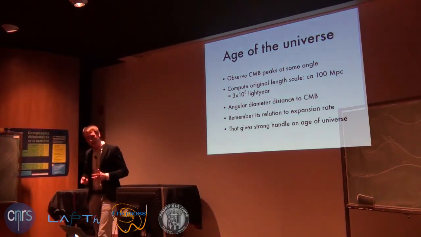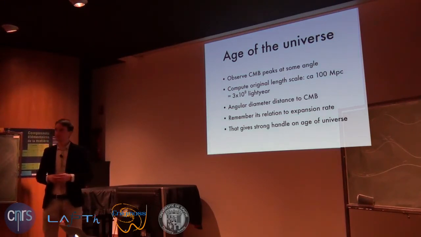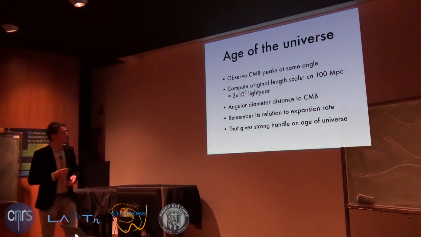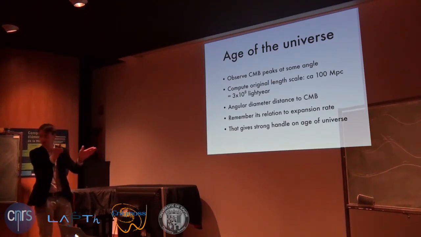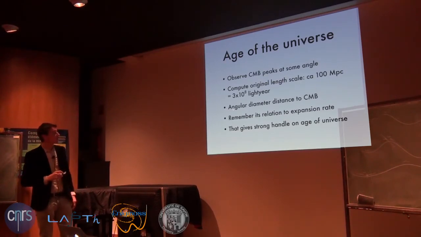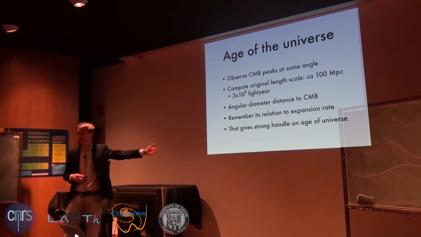Now I get back, I can make a connection to the previous lecture. We observe very clear peaks in the cosmic microwave background at an angle. That's really an observation. We observe radiation in different directions. Given the model, we can compute the original length scale in the photon baryon plasma. That corresponds to the largest peak on the largest scales.